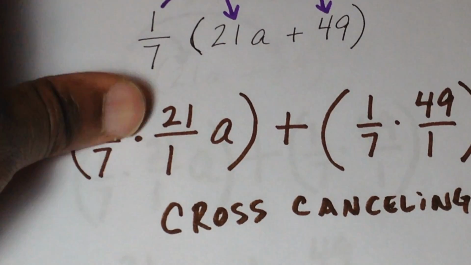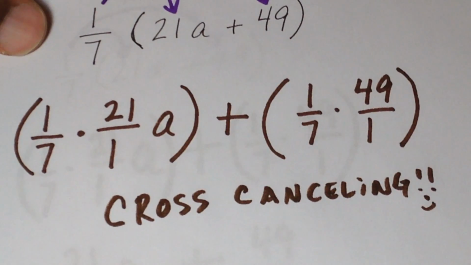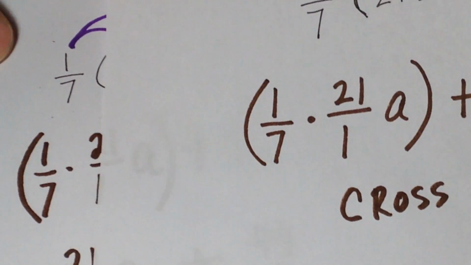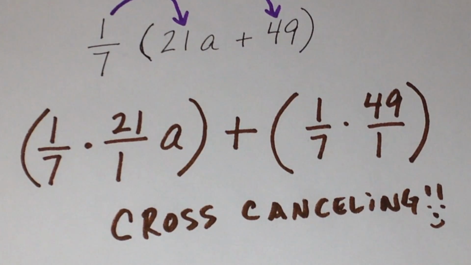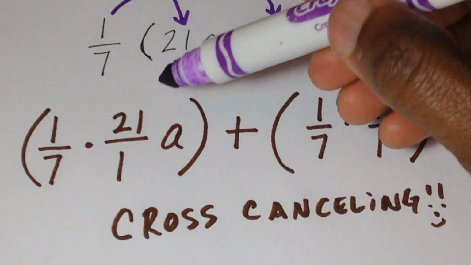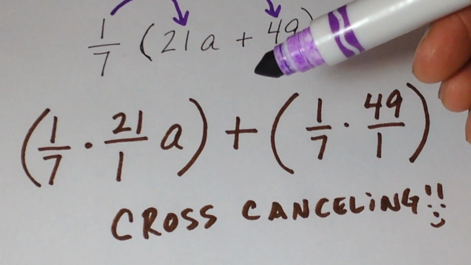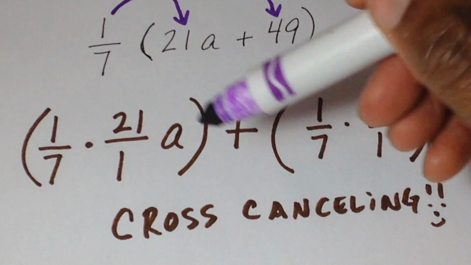Yes, cross canceling. Let me take this paper out from underneath. It's just another way where, instead of multiplying the numerators and denominators, we could cancel out certain terms inside here, so that we can do the multiplication a bit more easily.